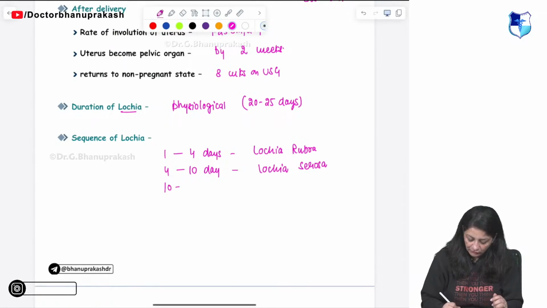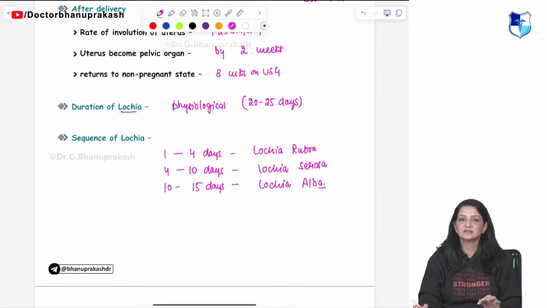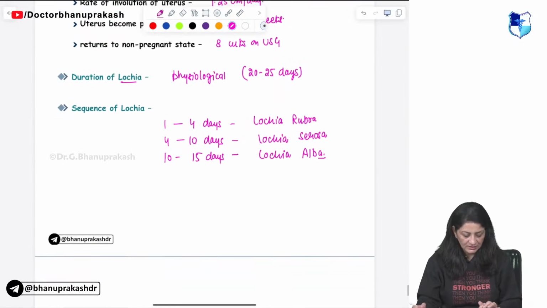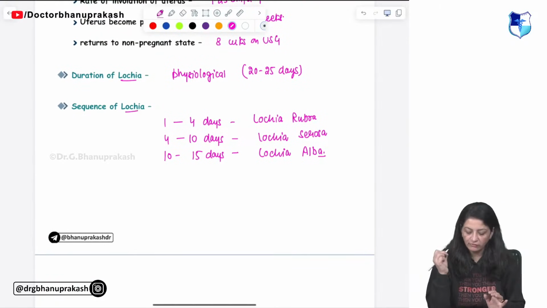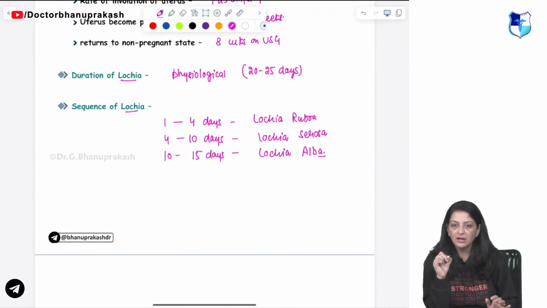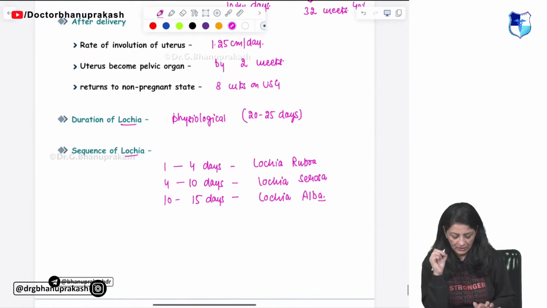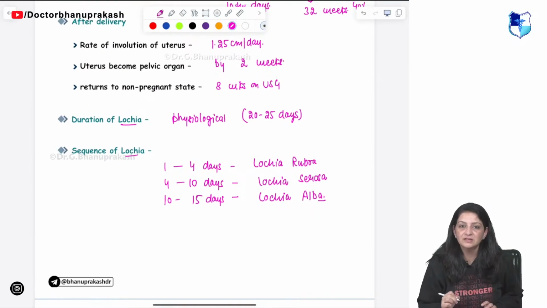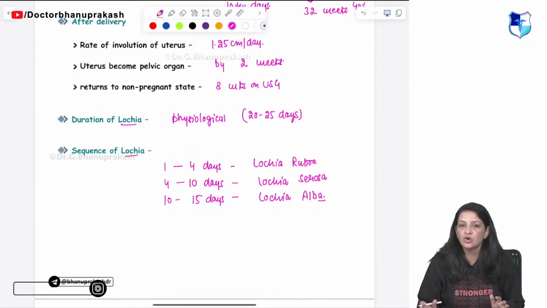For 10 to 15 days, lochia alba, presence of epithelial cells. So the sequence of lochia: lochia rubra, serosa and alba. If there is foul smell, it means infection. There is some infection. Most common infection postpartum, endometritis.